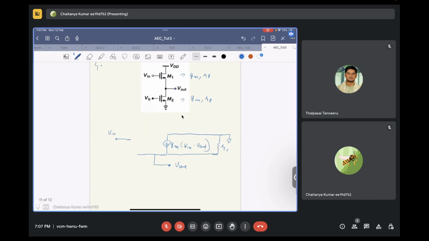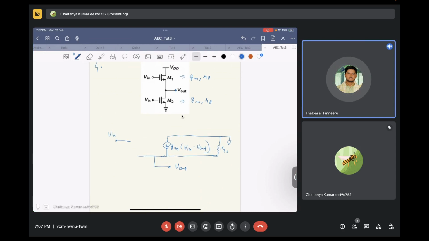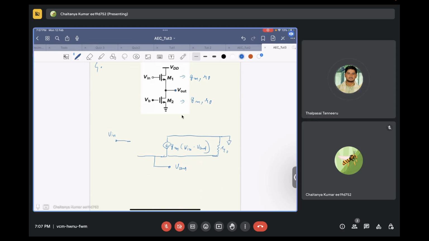And the small signal equivalent of M2, how will we write this? Vin is grounded, and the source is grounded. Will there be any gm over here? No, sir.